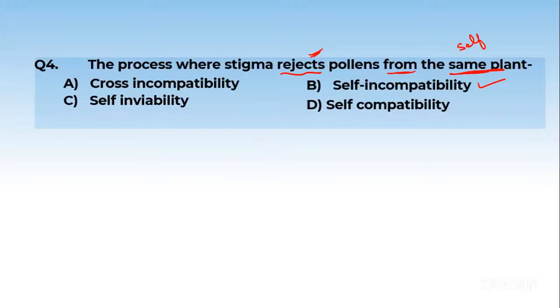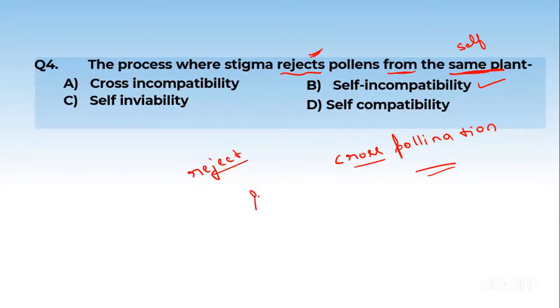What is happening here is, for example, the flower from the same plant is going to reject its own pollen grain because it requires cross-pollination, right? For cross-pollination, this is a condition cultivated by the plant. It will reject. If the same flower has the anther and the stigma, this anther is producing the pollen grain, and this pollen grain will not germinate on the stigma of the same flower.